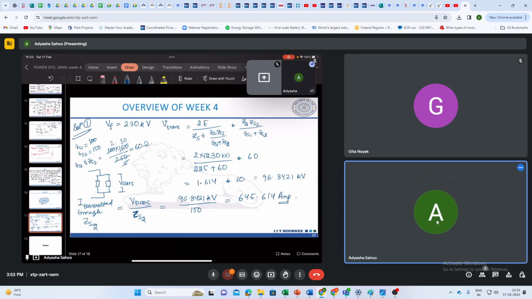This is your V transmitted and this is your I transmitted through ZS2. And this V transmitted across ZS1 is the same as V transmitted across ZS2.